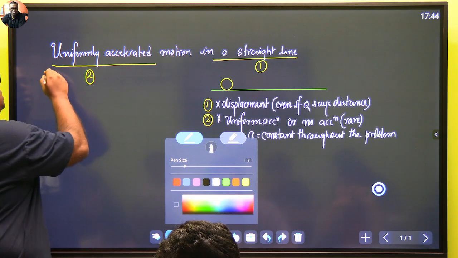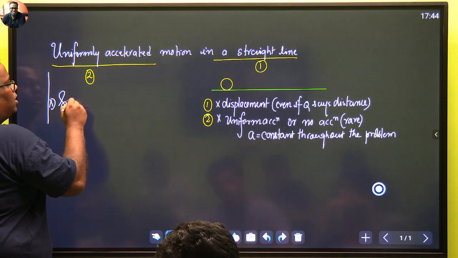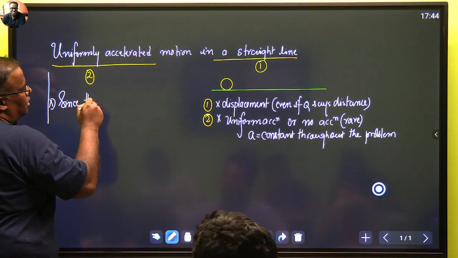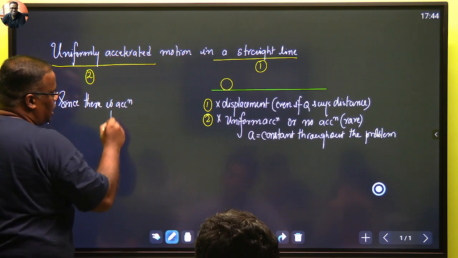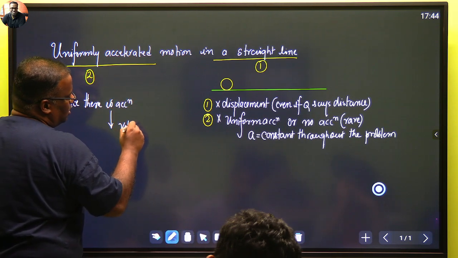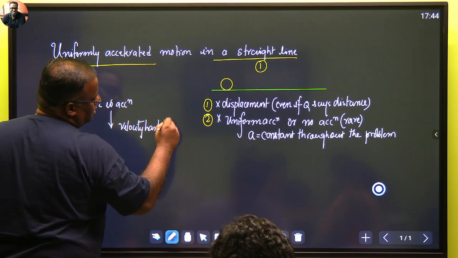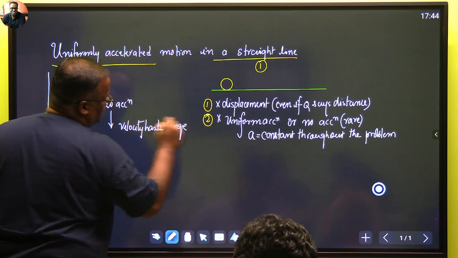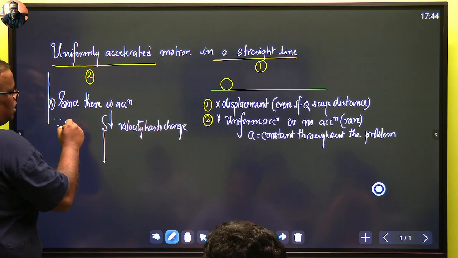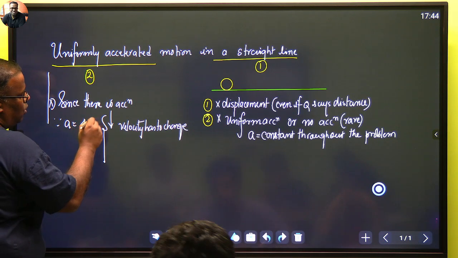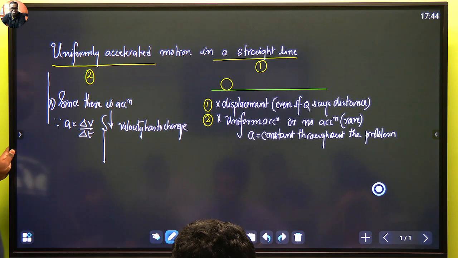Another thing we get from here is that since there is acceleration, velocity has to change, since acceleration is always change in velocity over change in time. Acceleration is delta v upon delta t.